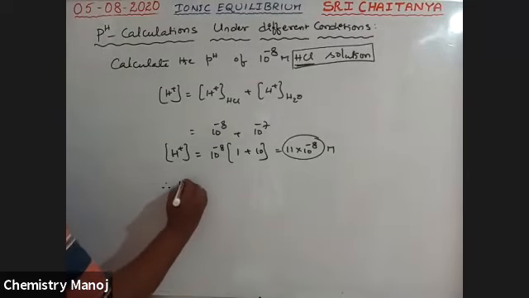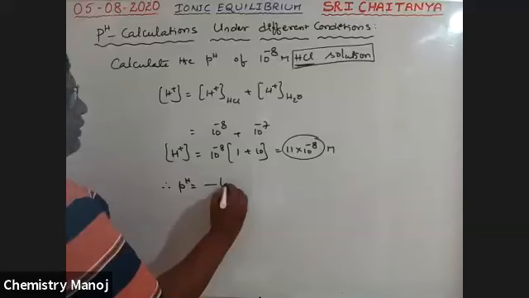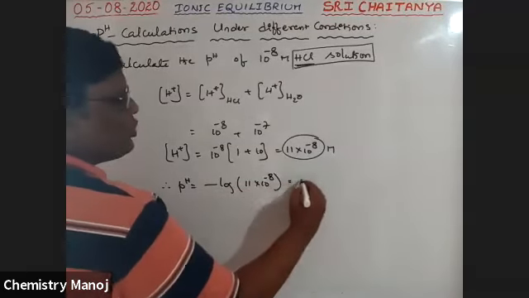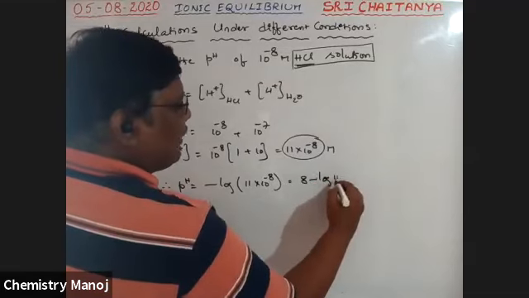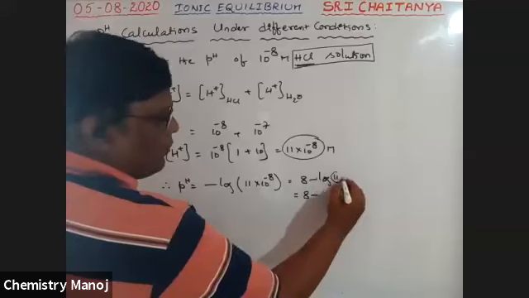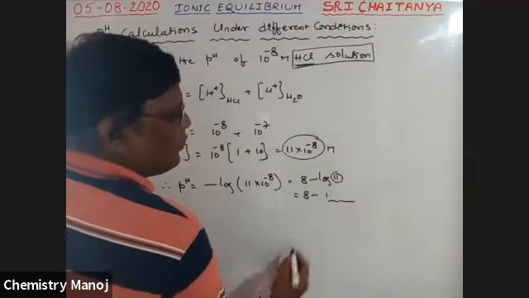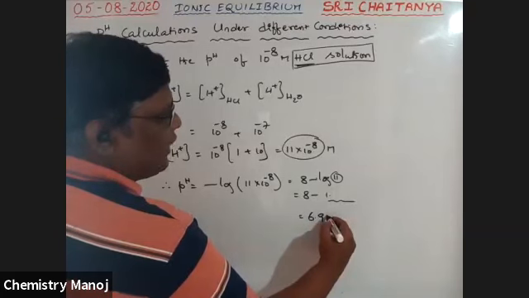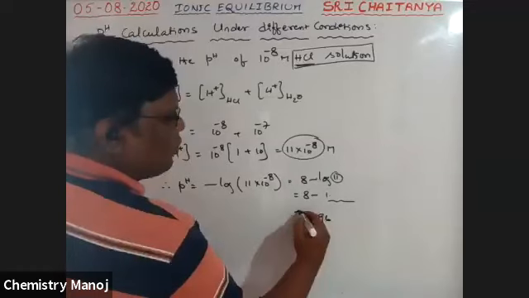Therefore, pH is equal to minus log 11 into 10 power minus 8, which is equal to 8 minus log 11. Log 11 means 1 point something. So roughly the value is 6.9596, roughly 6.96.